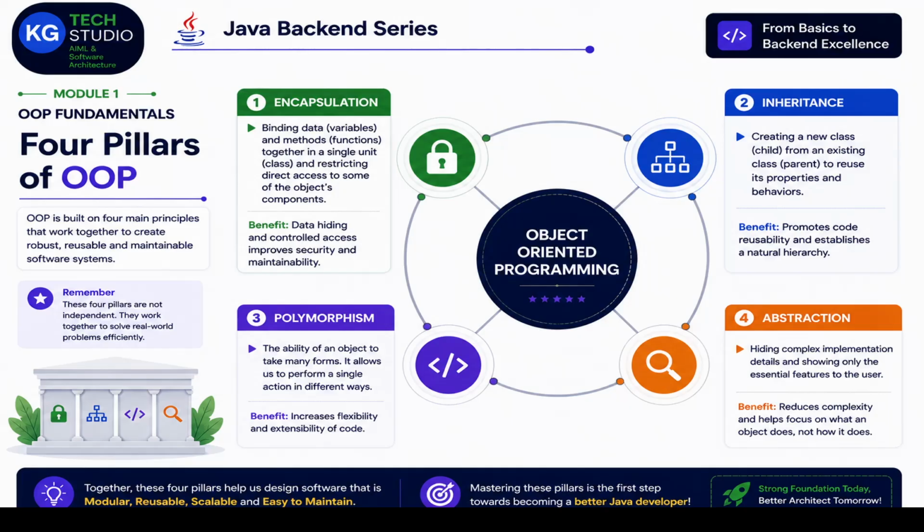All these things we have combined and put as a single unit known as a class. That particular combination of data variables plus their methods in a single unit in a class is known as encapsulation. The benefit we will discuss in later videos.